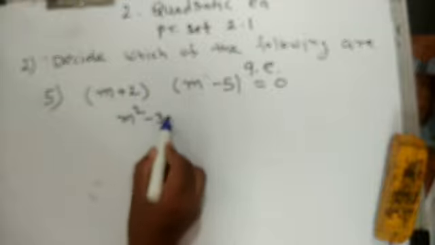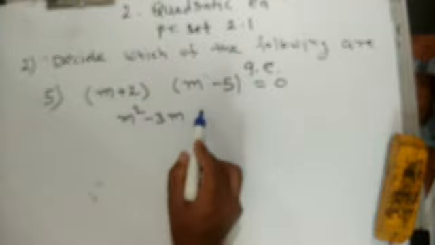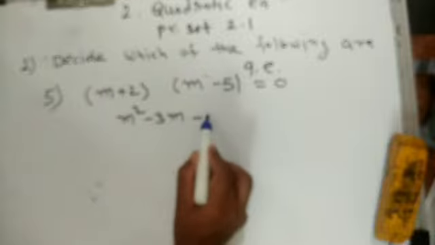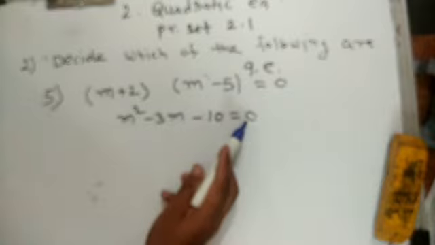We get m square, then minus 5 plus 2, that is minus 3m, and lastly 5 twos are 10, plus times minus, minus 10, is equal to 0. m square minus 3m minus 10 is equal to 0. After multiplying these two brackets, we get this equation.